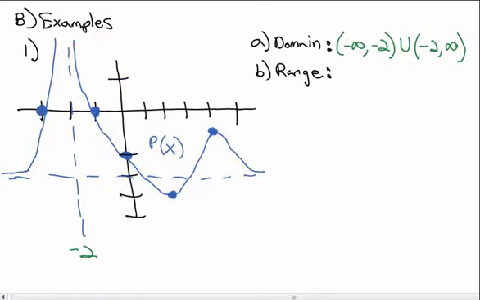The y ends here at -4, it seems to be the bottom of the graph. But at the top of the graph, near the asymptote, it does seem to go up forever. So we will say the bottom of the graph is -4 on the y, but then it goes up forever to infinity around that asymptote.